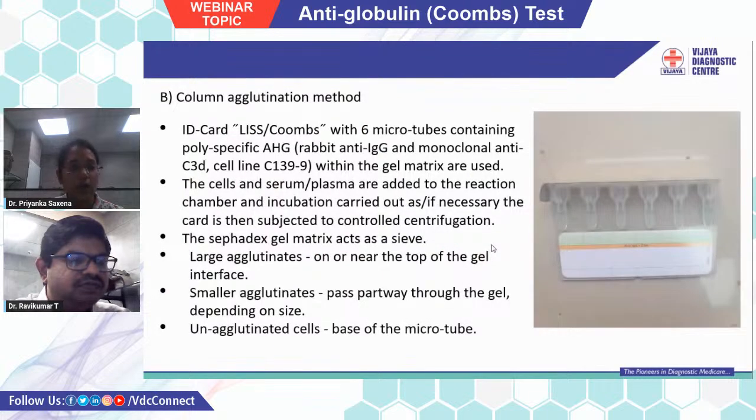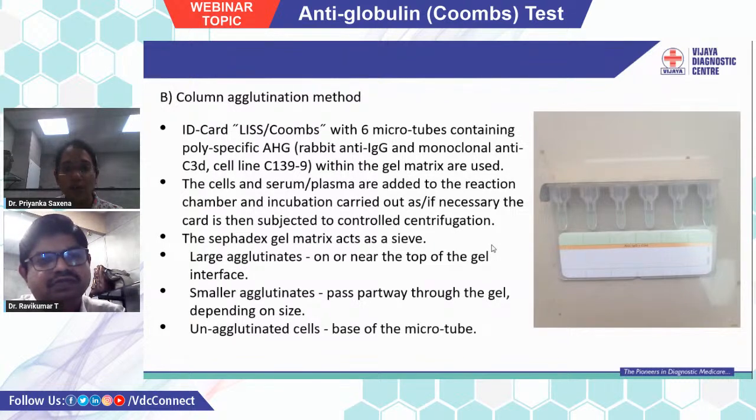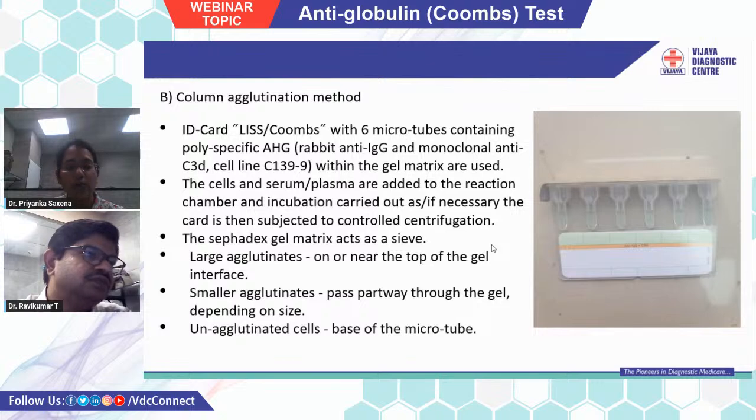The second method, column agglutination method, here we use ID-Liss/Coombs cards as shown in the picture. It has 6 microtubes containing polyspecific anti-human globulin reagent coated within the gel matrix. Now this polyspecific anti-human globulin reagent has anti-IgG and monoclonal anti-C3d.